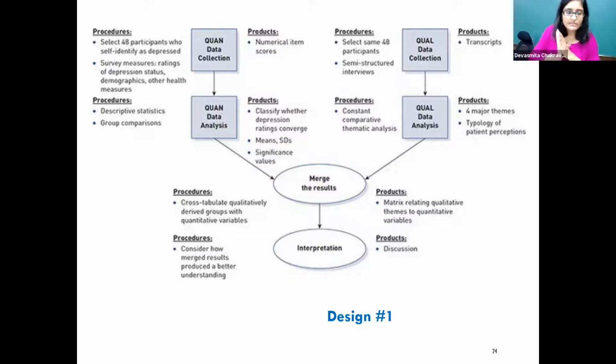Then data analysis, mixing didn't happen because you separately did your quantitative analysis, you separately did your qualitative analysis. It's only when you were interpreting the results that you mixed both the findings and you tried to cross-tabulate and fit them into a nice matrix. So the merging happened in the results section, and based on that, in the discussion section.